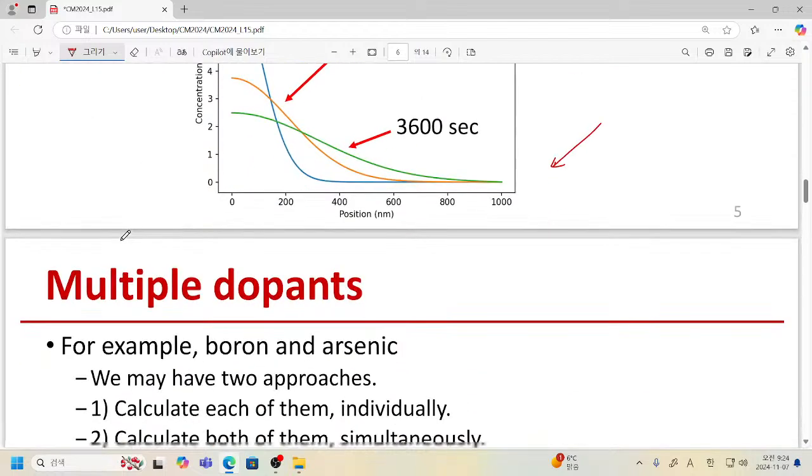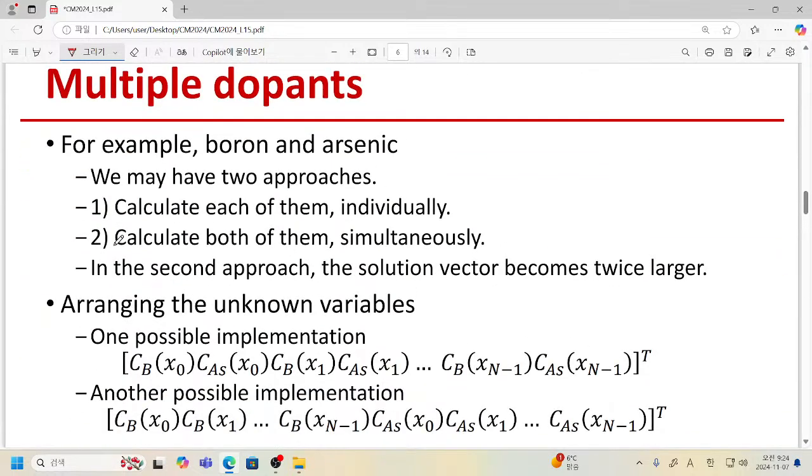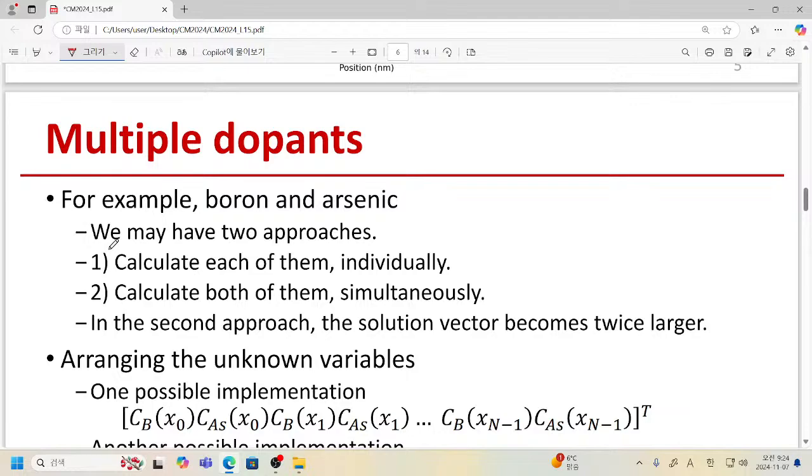Okay, so now let's think about the next topic. The next topic is related with multiple dopants. This is particularly important for realistic cases.